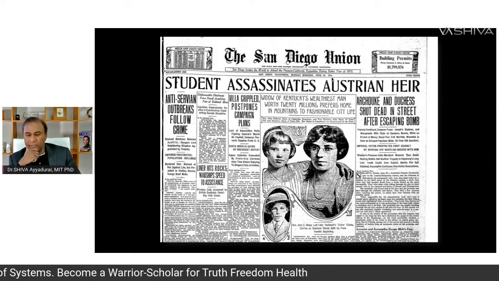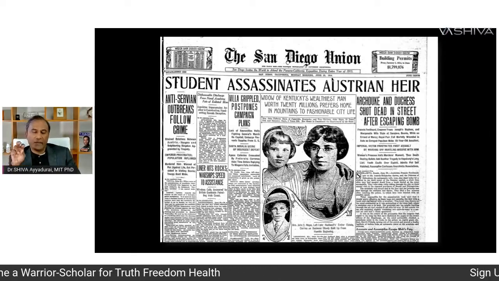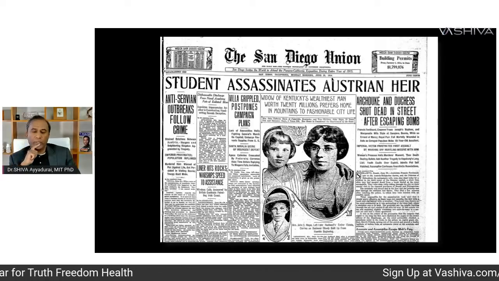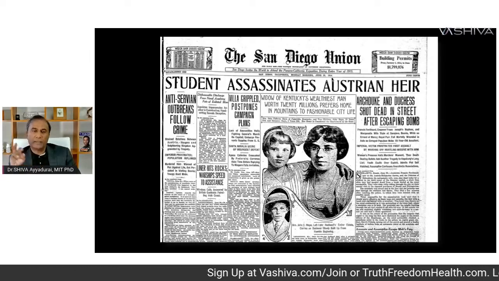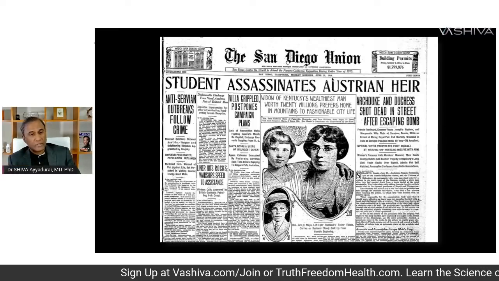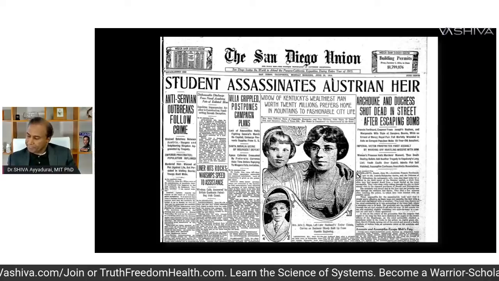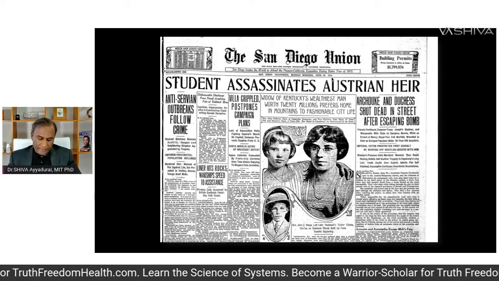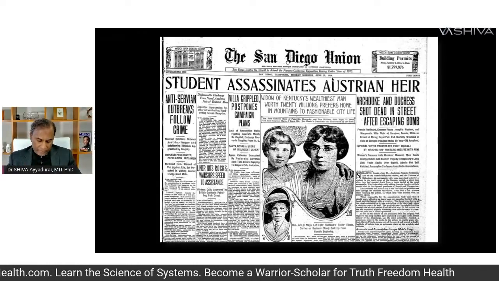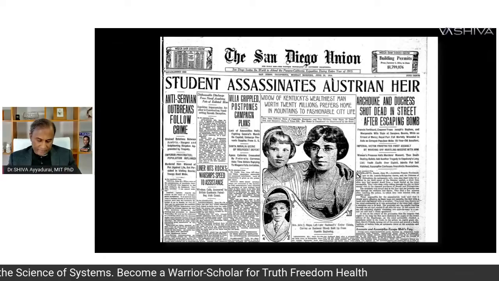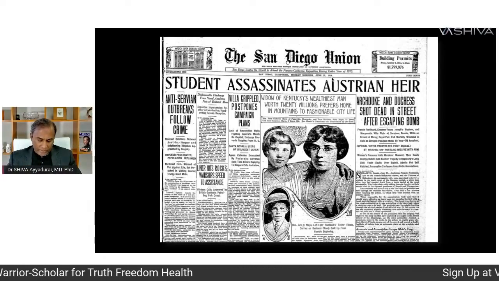I'll get into the details of this, but it was that thing that sparked the entry into World War I of the three European powers, Russia, Britain, and France, against supposedly Germany and Italy. And what was the other country? I always forget the other country. I'll come back to that on the other side. And it was this: Germany, Austria, and Italy.